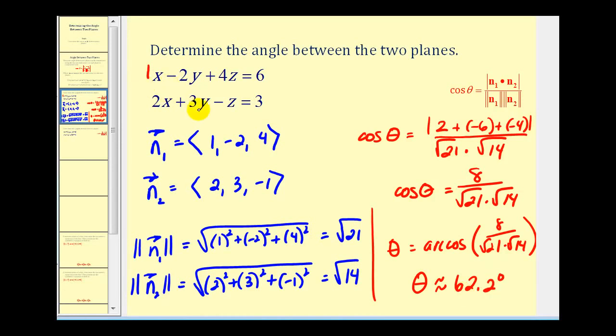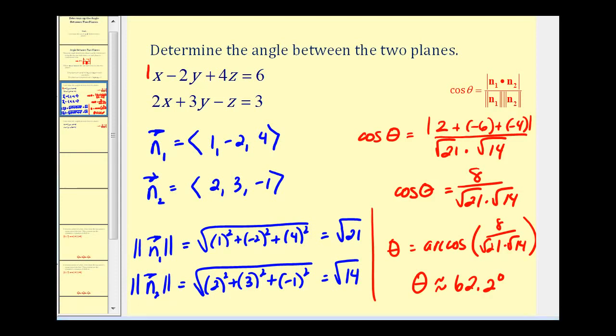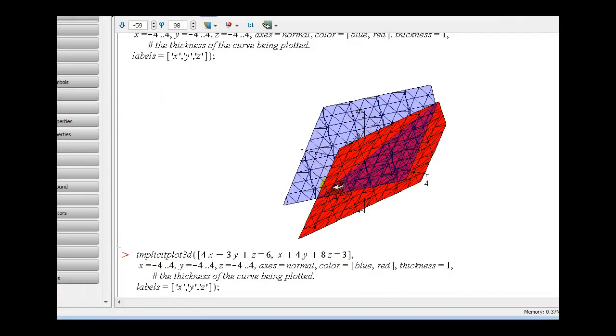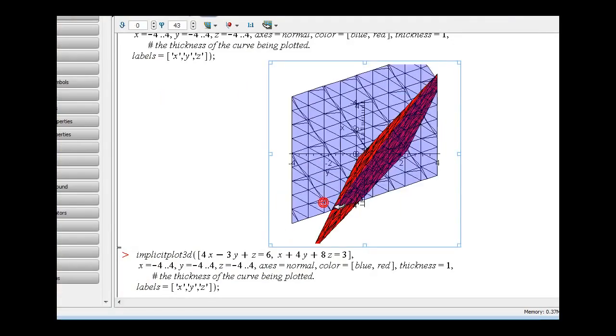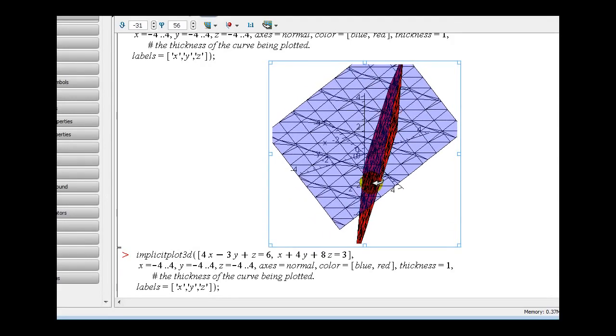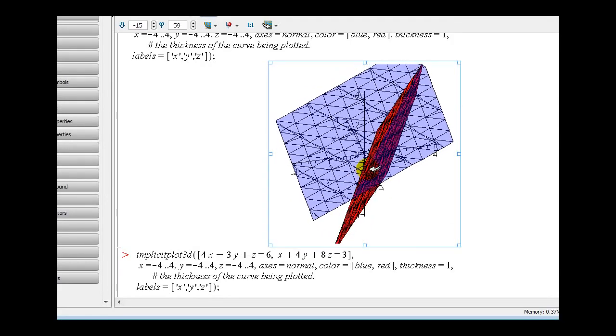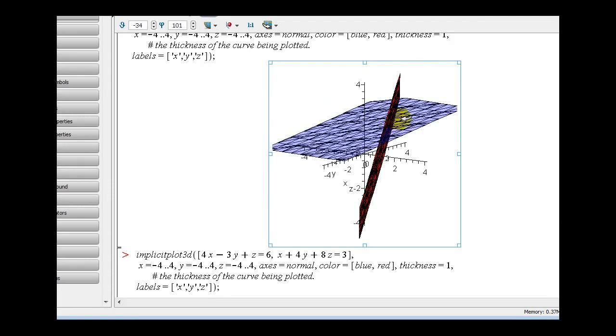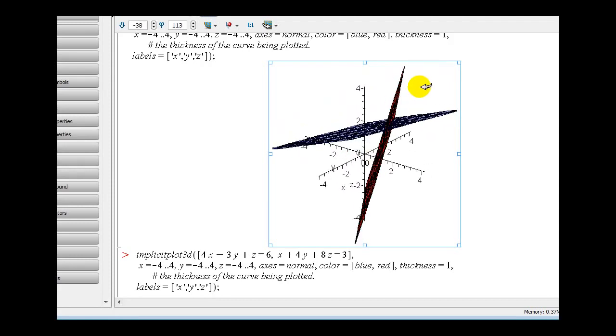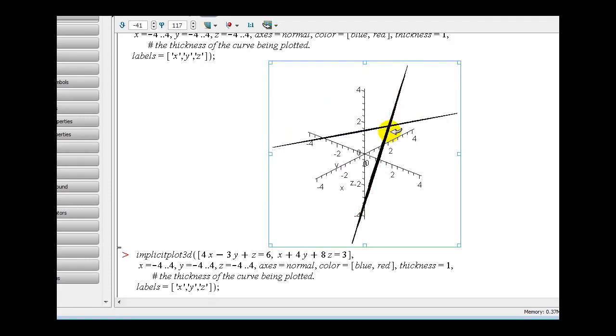Let's go and take a look at the graph of these two planes to verify our answer. So here we have the graph of the two planes on the XYZ coordinate system. If we angle this correctly, like this, you can see that when these two planes intersect, we have an obtuse angle here and an acute angle here.